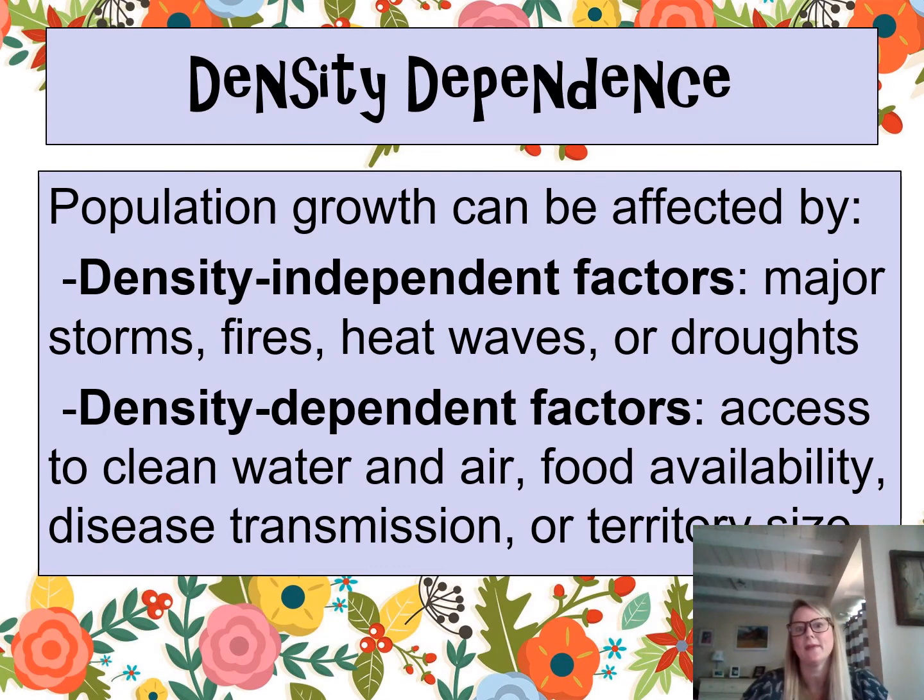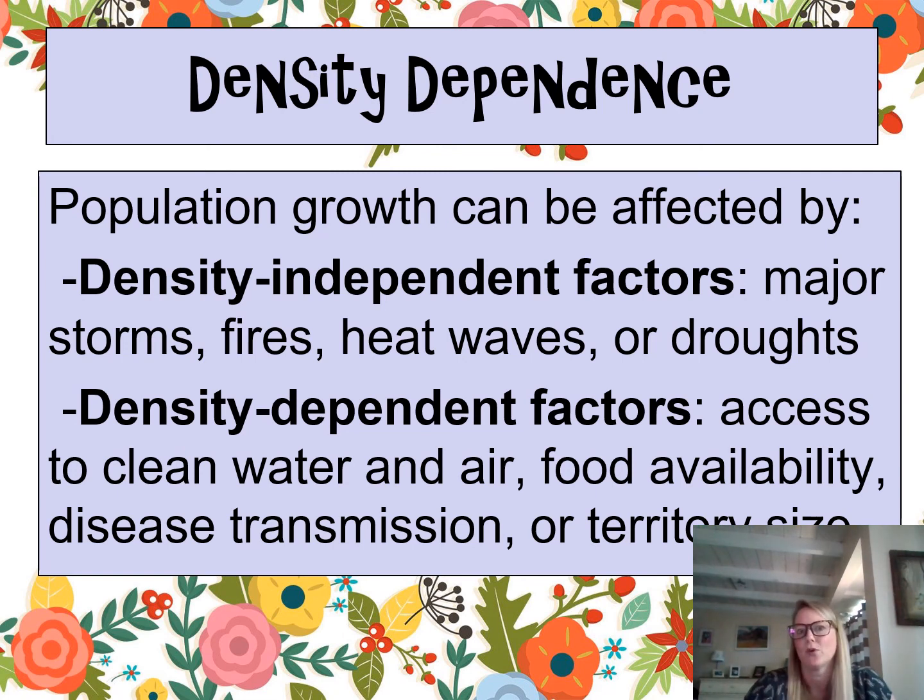When looking at how big a population can get, you need to look at density independent and density dependent factors. A density independent factor is something that will regulate the population's growth rate, how fast it's growing, but it really has nothing to do with their density or how much land they have.